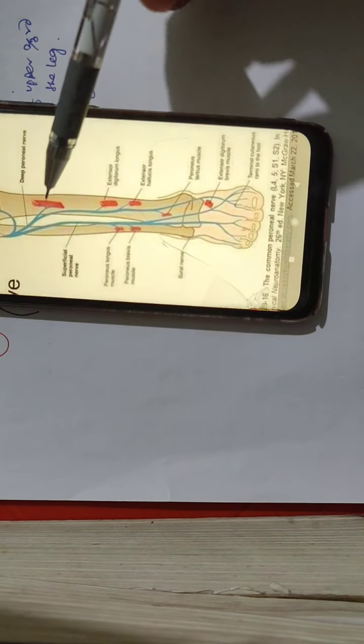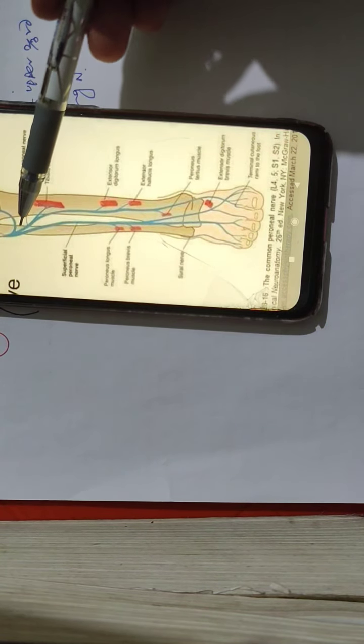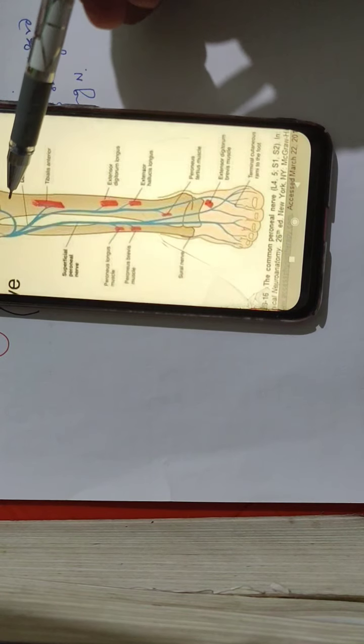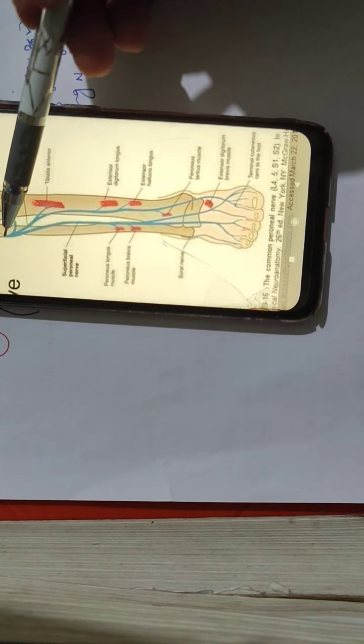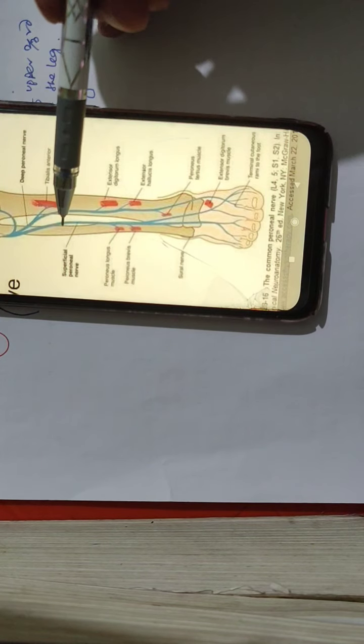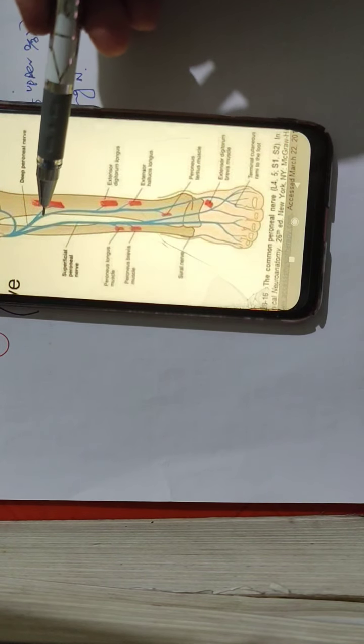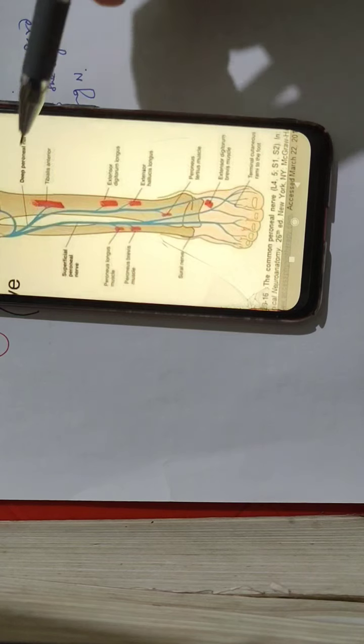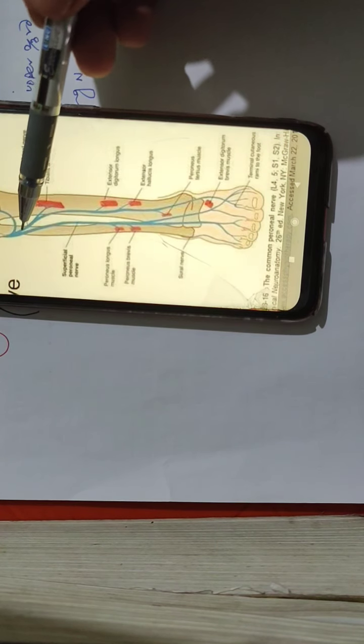So first, the deep peroneal nerve. In the posterolateral aspect of the neck of the fibula, the common peroneal nerve divides into two parts: one is the superficial peroneal nerve, another is the deep peroneal nerve.